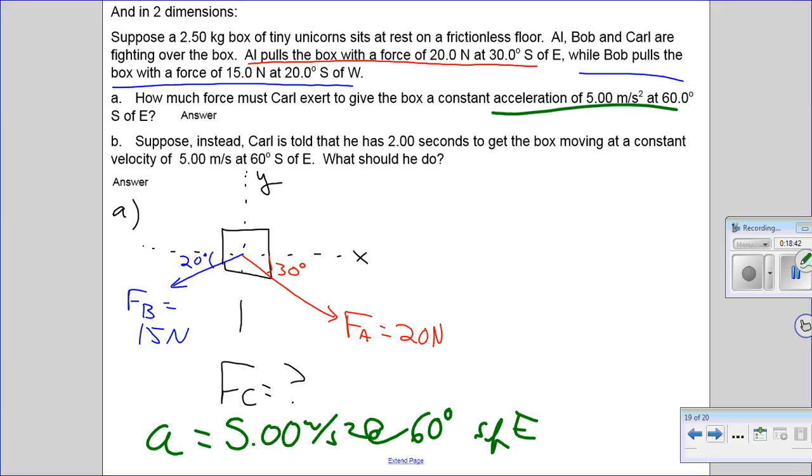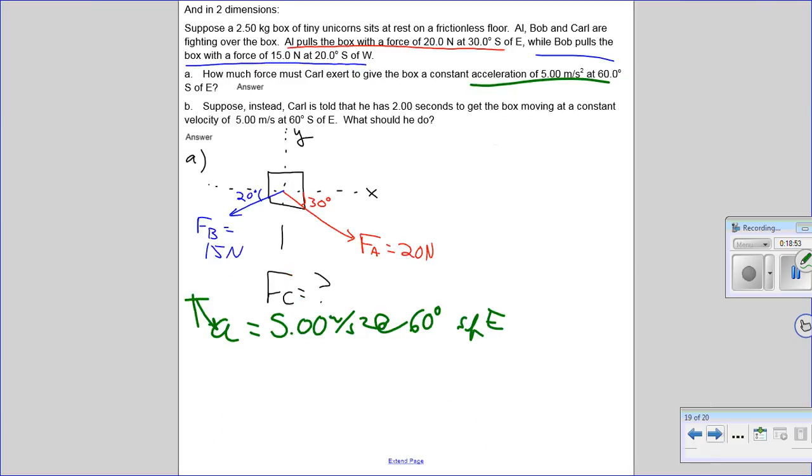So just draw a little vector. 60 degrees south of east is kind of that way. Notice, my acceleration vector doesn't go on my drawing. It's separate, because it's not a force. And this angle here is 60 degrees. Are we all good with that?